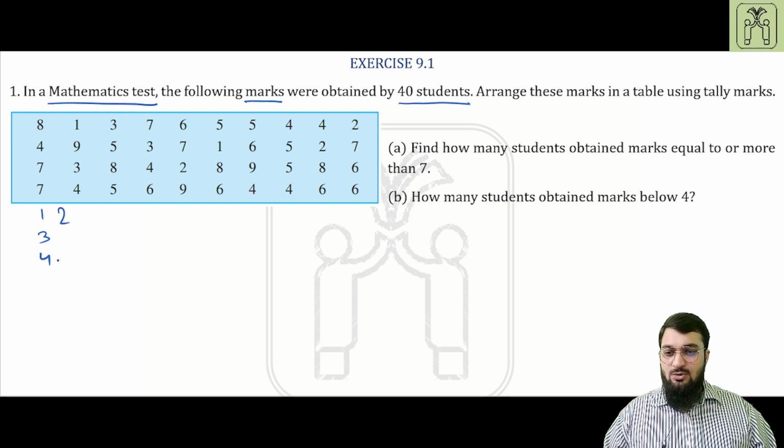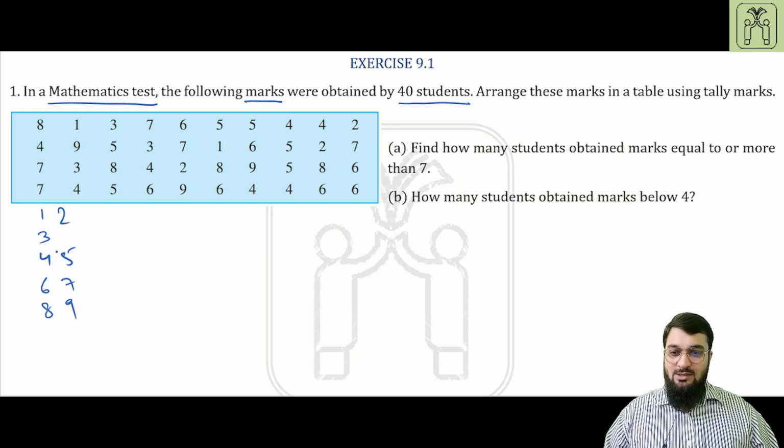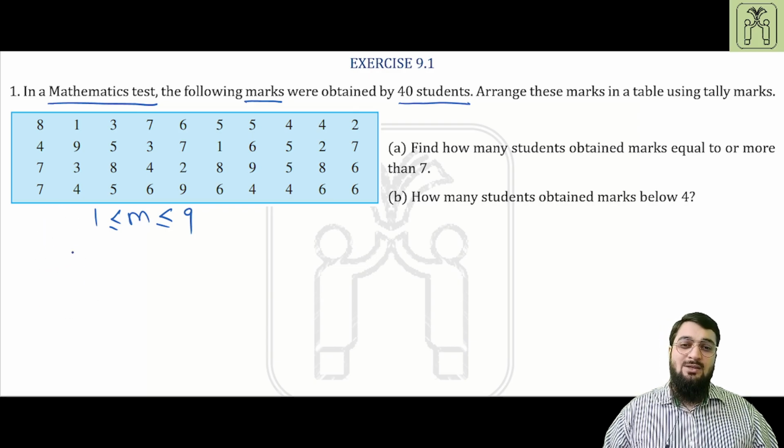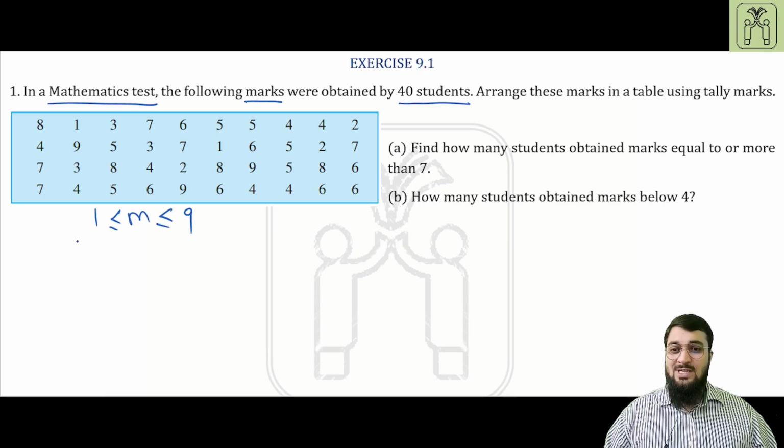So 1, 2, 3, 4, 5, also 6 has been obtained, 7 has been obtained, 8 has been obtained, and 9 has been obtained. Therefore, the marks range between 1 to 9. That is the range of the marks that have been received by 40 students in a mathematics test.